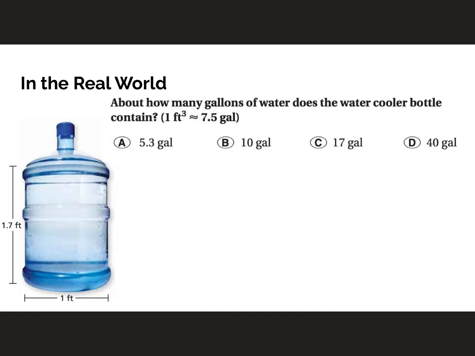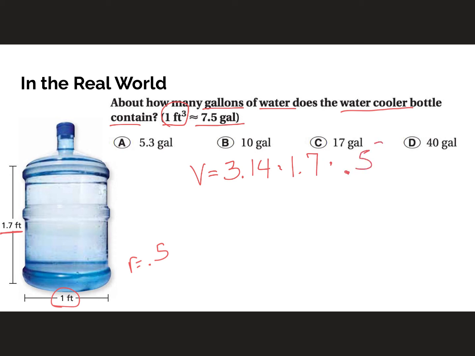Okay, now let's look at these in real world. So, how many gallons of water does the water cooler bottle contain? It tells you 1 cubic foot is about 7.5 gallons. So I have this bottle. It has a diameter of 1, so that means its radius is 0.5, and its height is 1.7. So my volume equals 3.14 times 1.7 times 0.5 squared.